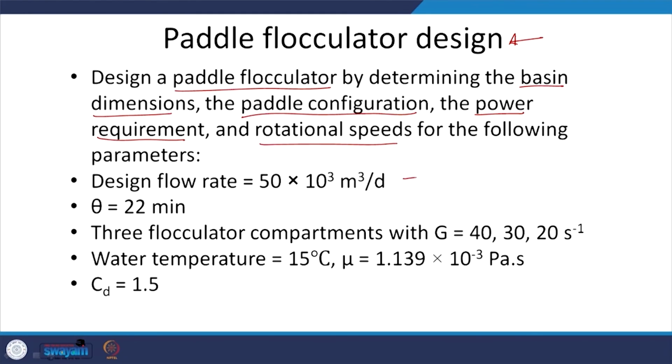What is given? Q is given, and they already gave us the theta. So from that, obviously I can calculate the volume. And they don't want only one compartment, they want 3 compartments. And water temperature is given. For that, the dynamic viscosity is given, and coefficient of drag is also given. This depends on length to width. So this is what we have.